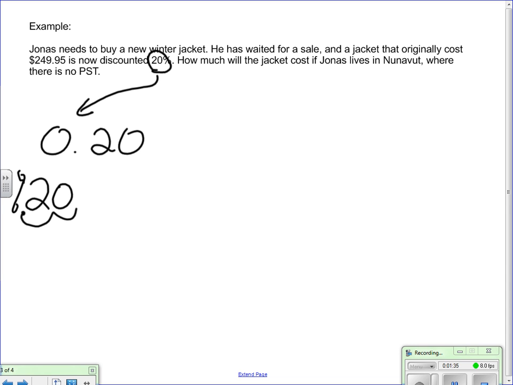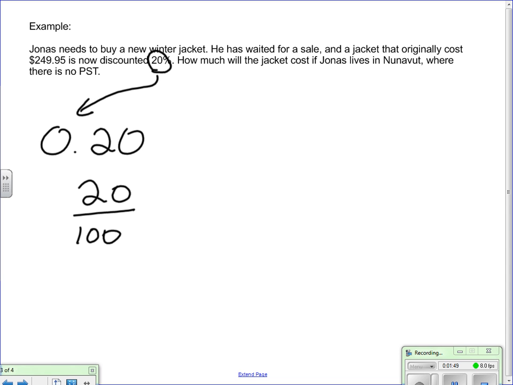Okay, another way to think of it is to find the decimal, I take 20 and I divide it by 100. And that gives me the decimal. Okay, so regardless, I have 0.2, which is the decimal place for 20%.